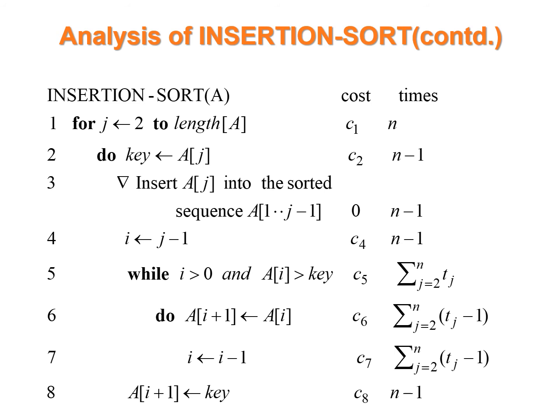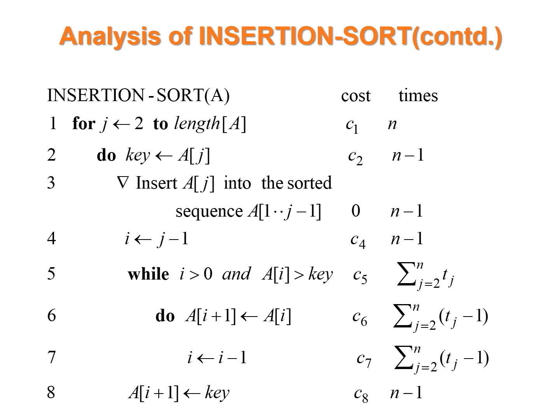Step 6, A of i plus 1 gets A of i: cost C6 times the summation of t j minus 1 from j equals 2 to n.